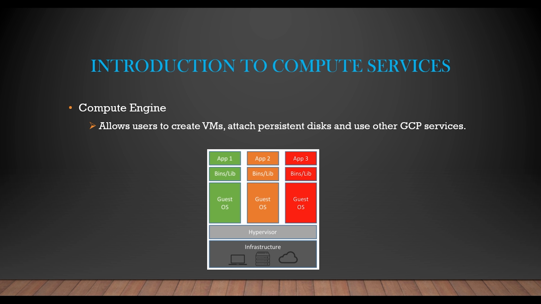Compute Engine is a service that allows users to create virtual machines, attach storage to those virtual machines, and use other GCP services, for example, Cloud Storage. VMs are basically an abstraction of a physical server.